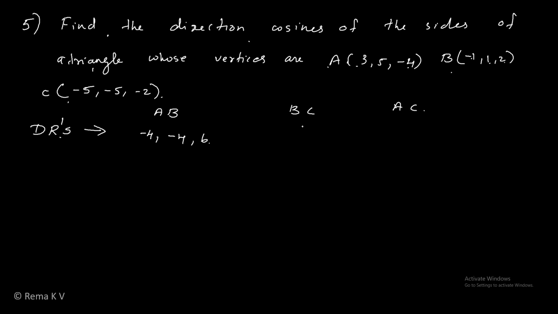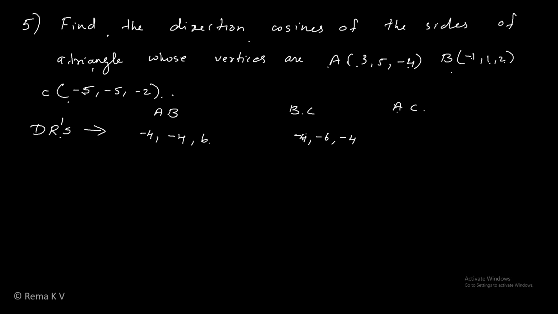Similarly, the direction ratios of BC: minus 5 minus minus 1 which is minus 4, minus 5 minus 1 is minus 6, minus 2 minus 2 is minus 4.